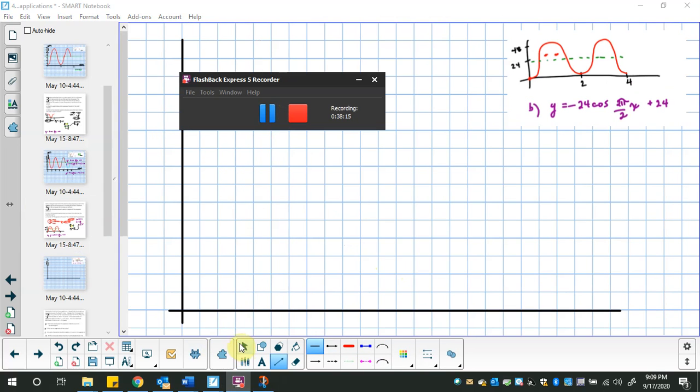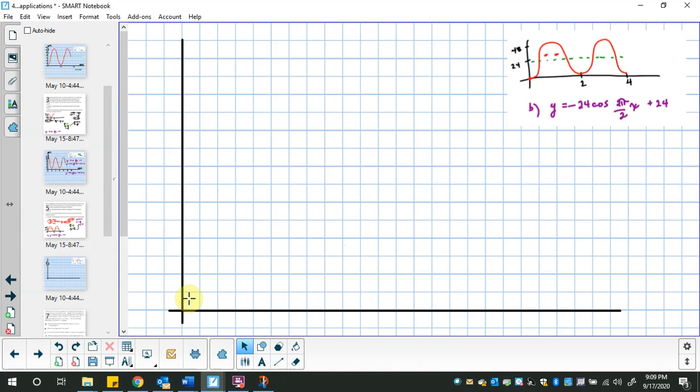Okay, so I drew my axes as well. I have to get up to 48, so I'm going to see if I can go by twos and get there. 2, 4, 6, 8, 10, 12, 14, 16, 18, 20, 22, 24, 26, 28.